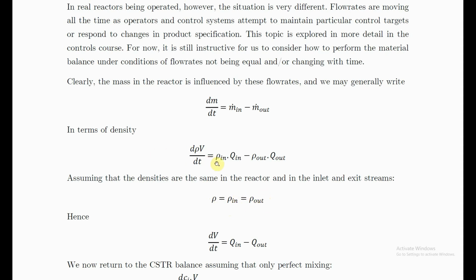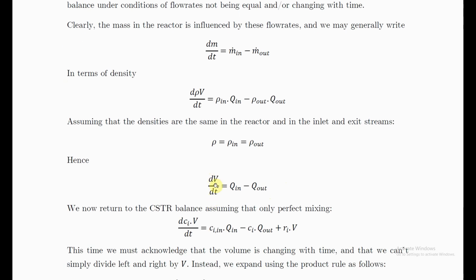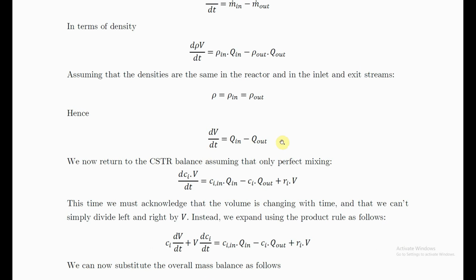And so all these densities are the same, so we can just cancel them out. And then we can write that the rate of change of the volume of the reaction space in the reactor is equal to the rate at which we are volumetrically feeding into the reactor minus the rate at which we are withdrawing volume from the reactor. Right, so this is a balance then on the volume.